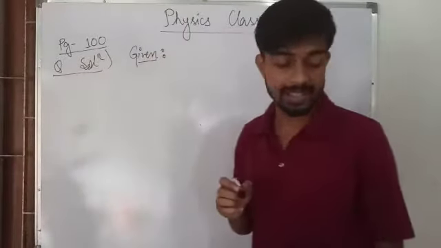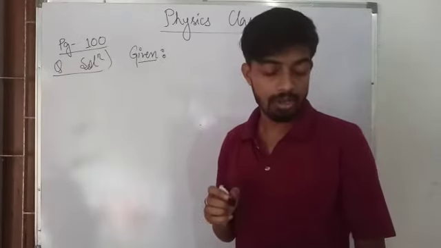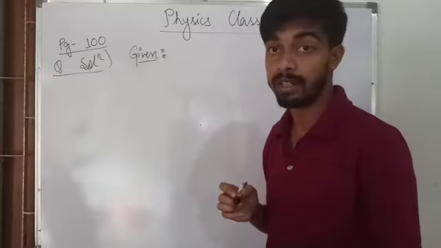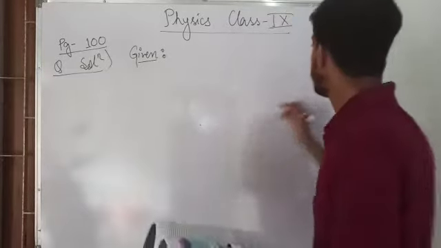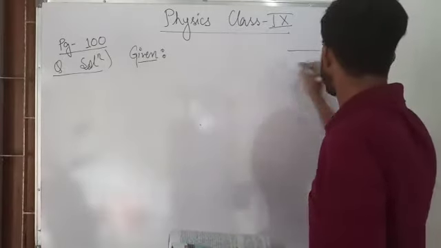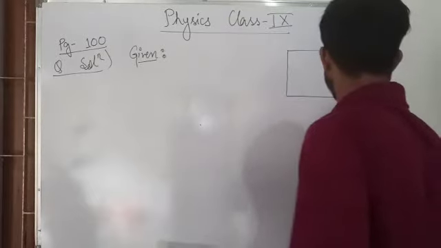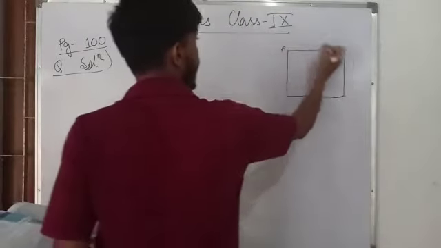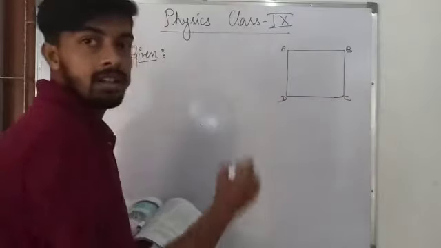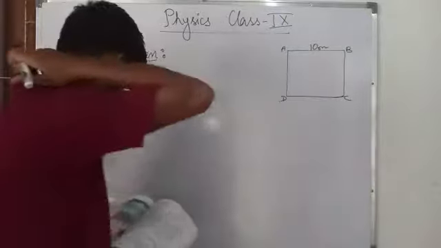So first of all, it is given that the farmer moves along the boundary of a square field of side 10 meter. It is a square field, so we can make the diagram to make it easy for understanding. This can be our square field having sides A, B, C and D. The length of one of the sides is 10 meter.